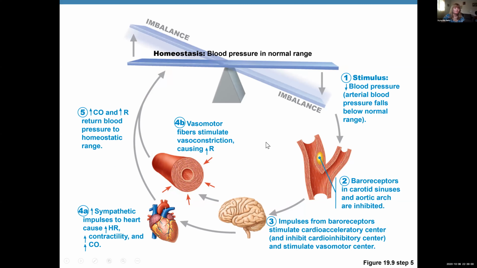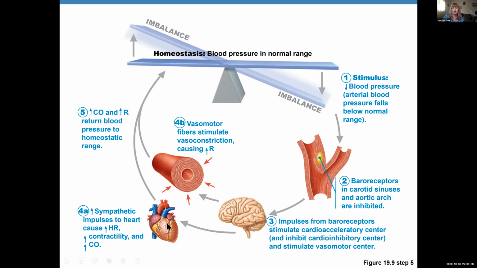Now, if blood pressure goes down, baroreceptors are not stimulated, they are inhibited, and they still send impulses to the medulla. But in this situation, we want to increase cardiac output and we want to increase peripheral resistance.